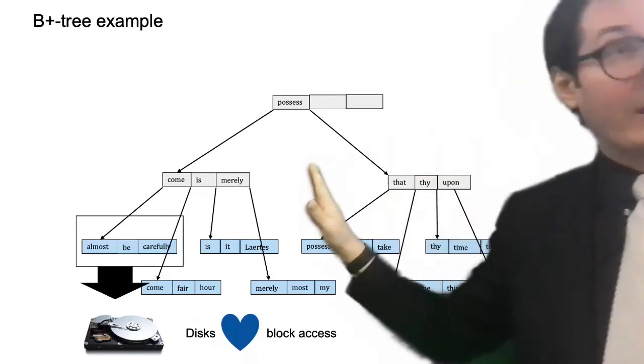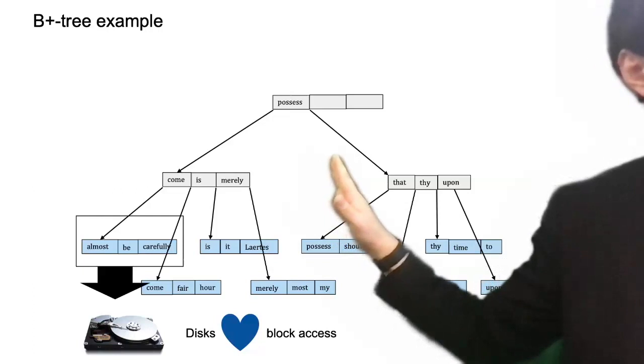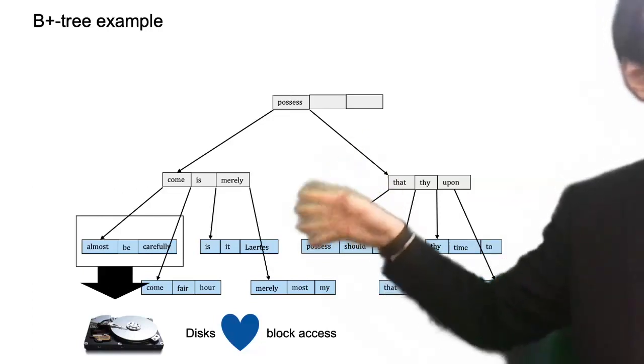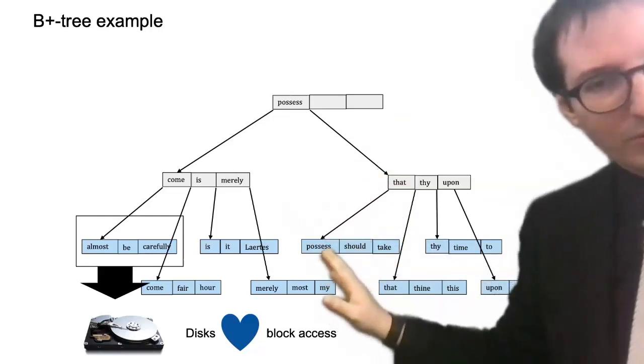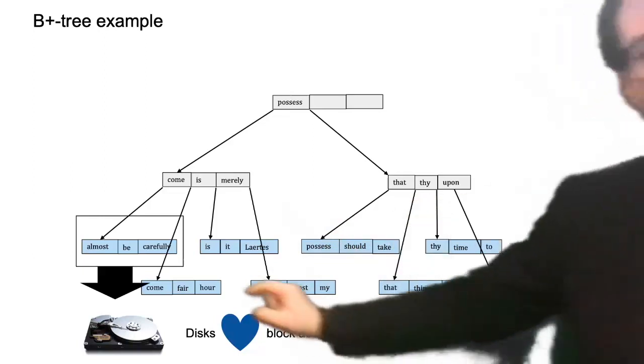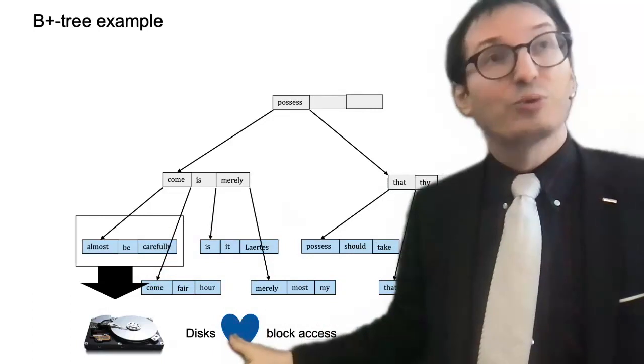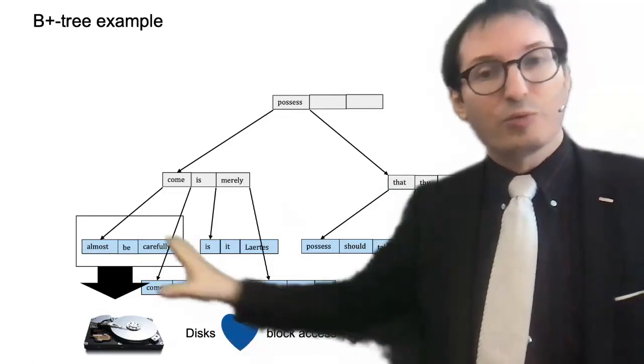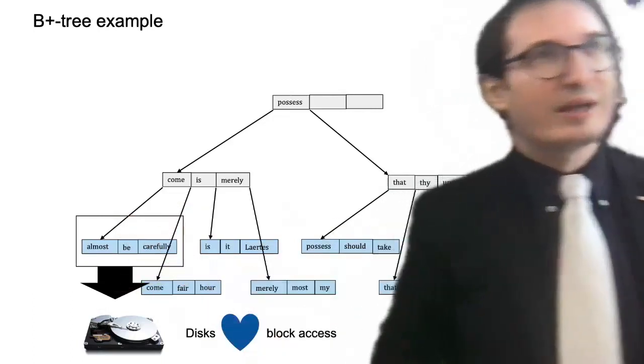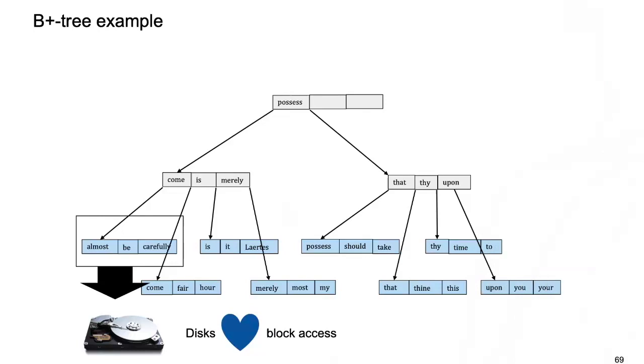These are very complex to implement. I don't want to bother you with the details of that. I actually removed slides to make it more lightweight. But the idea is that we have these nodes with multiple values here because we love to access the disk in blocks. Whenever we read from disk, we would like to not read bit by bit because that would be very slow, but we like to read something like 4,000 bits at a time.